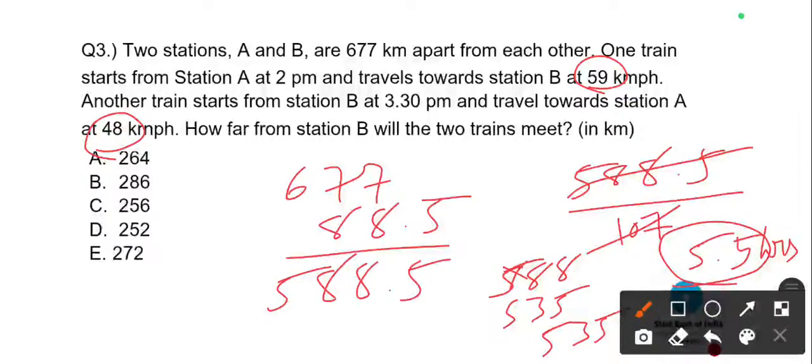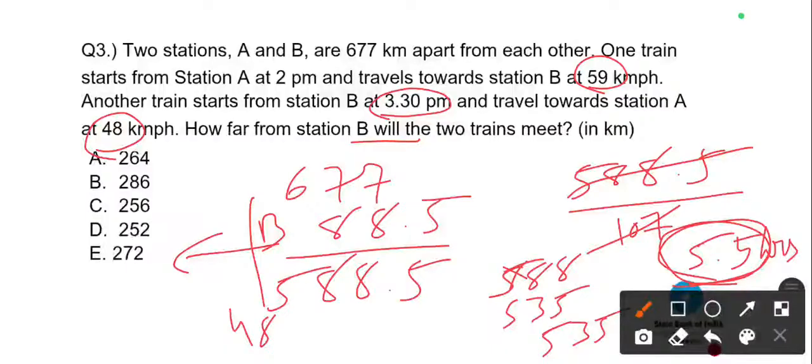So 5.5 hours it takes to cross each other, meaning after 3:30 plus 5.5 hours. For 5.5 hours from B, how far it will go means the speed from the B side is 48 kilometers.